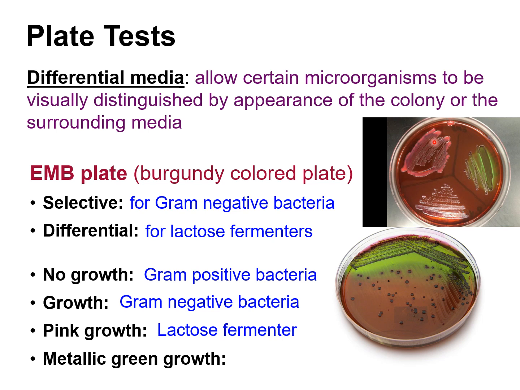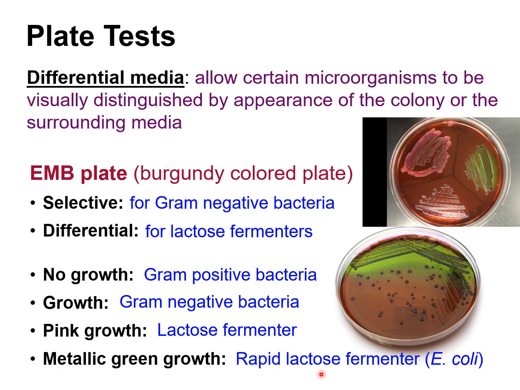Now, if you see green, right here, that metallic green color, what does that tell you? It tells you that your bacteria can ferment lactose, and they can ferment it pretty fast. So the rapid lactose fermenters.